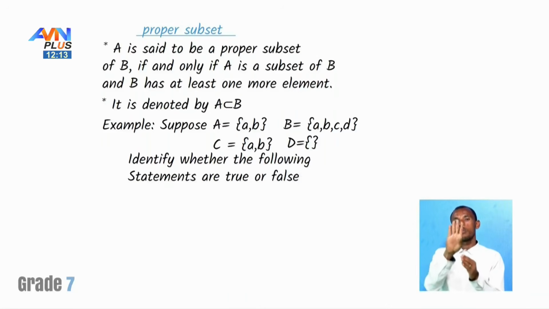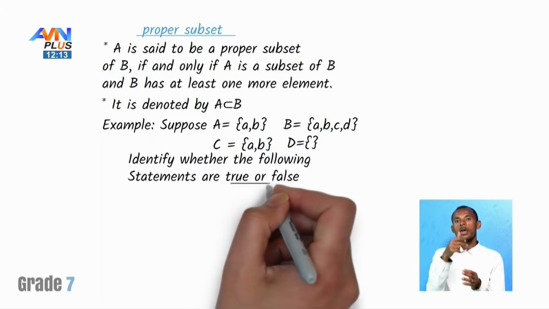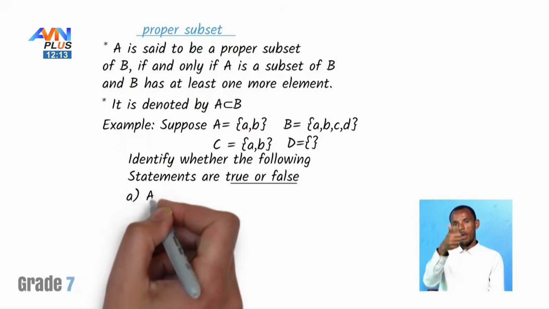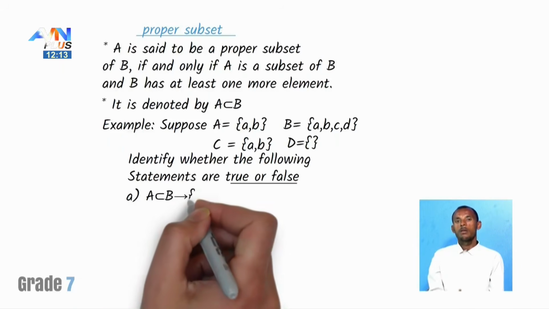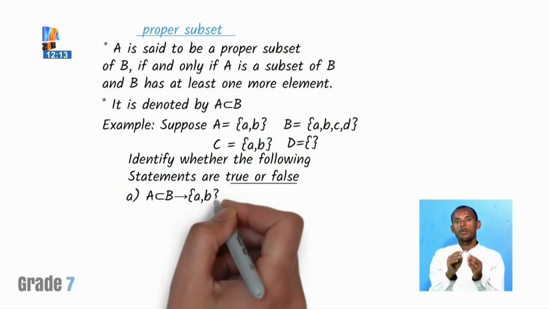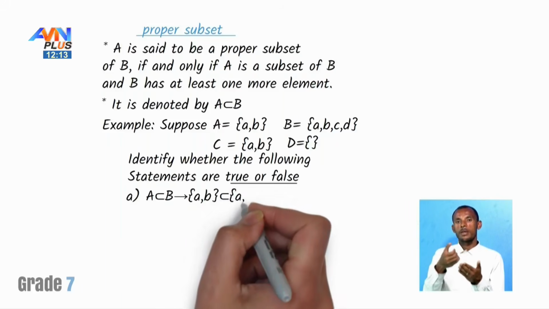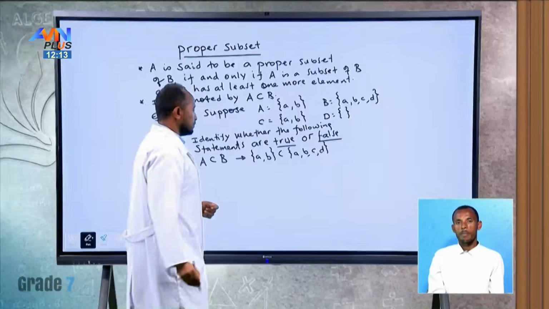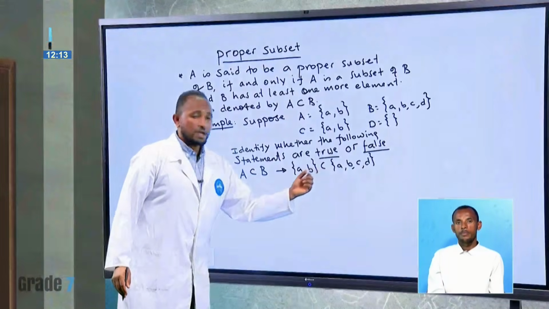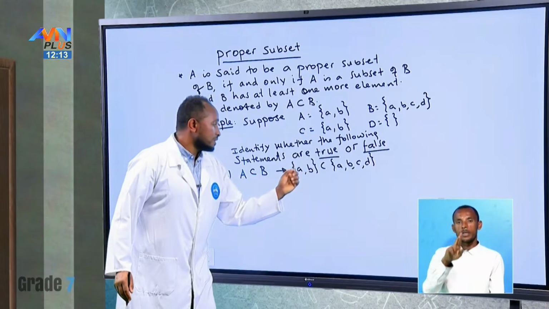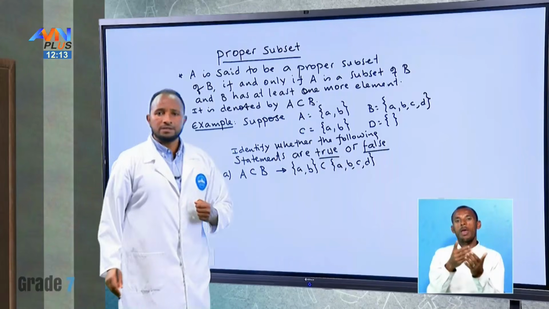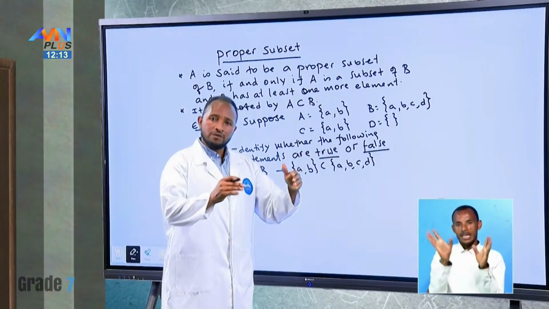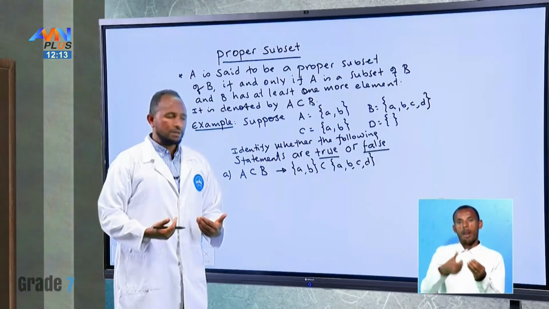Now, let's see the elements that are found in set A. Set A contains the elements A and B. Set B contains the elements A, B, C, and D. Proper subset means all elements here are also found in the second set, and the second set must have additional elements.